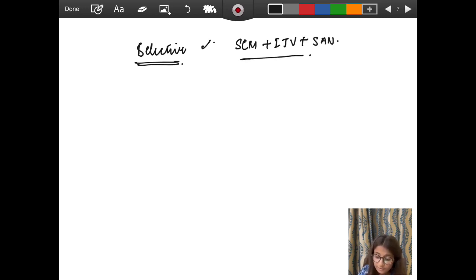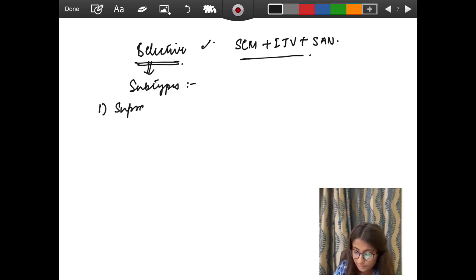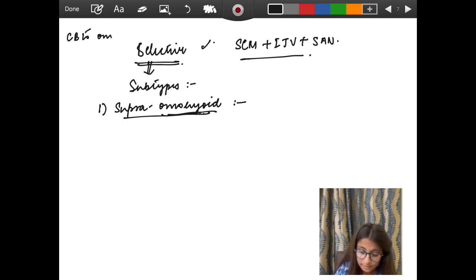We have subtypes of selective neck dissection also. First we have the supraomohyoid type of selective neck dissection. As we studied in the levels of lymph nodes, from the carotid bifurcation to the omohyoid is level 3, and level 4 is from the omohyoid to the clavicle.